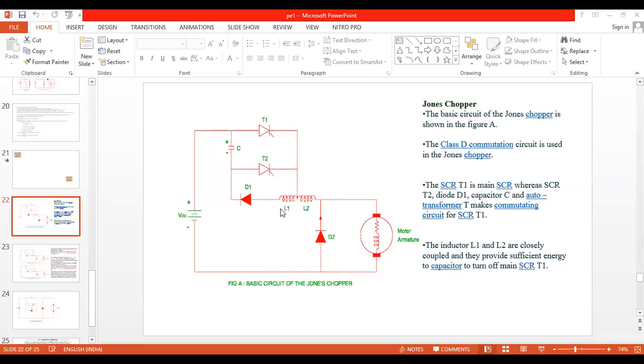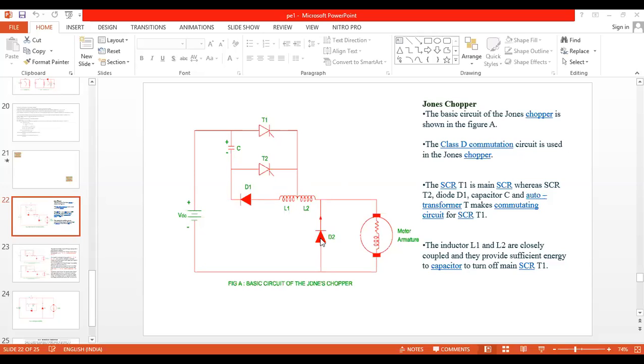Because a single inductor cannot produce sufficient energy to turn off the main SCR, and single inductor operation is very slow. Therefore, wherever the energy is not sufficient to turn off the SCR by a single inductor, we can use this center tapped transformer. It provides more energy than a single inductor.